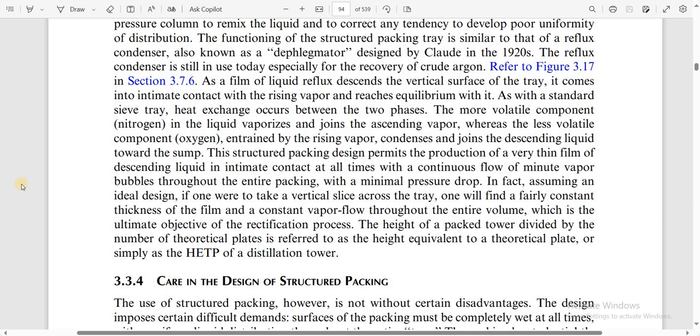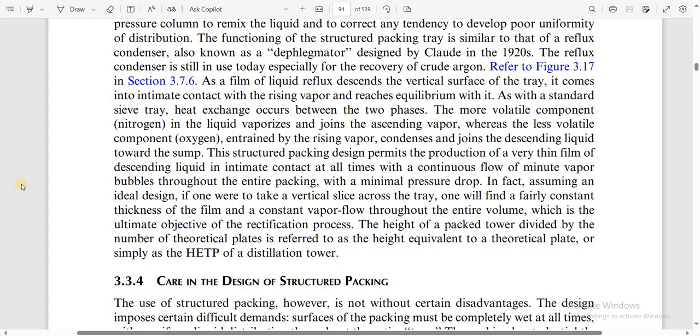The more volatile component, nitrogen, in the liquid vaporizes and joins the ascending vapor, whereas the less volatile component, oxygen, entrained by the rising vapor, condenses and joins the descending liquid towards the sump.